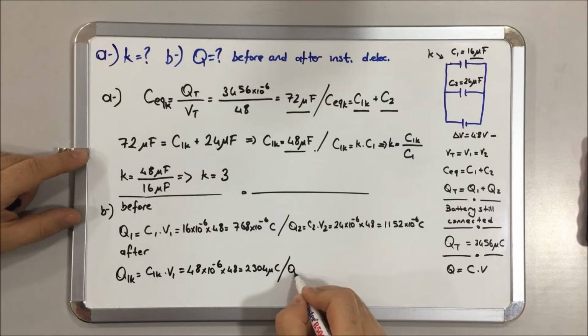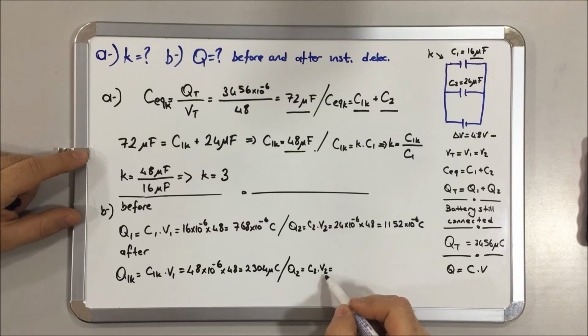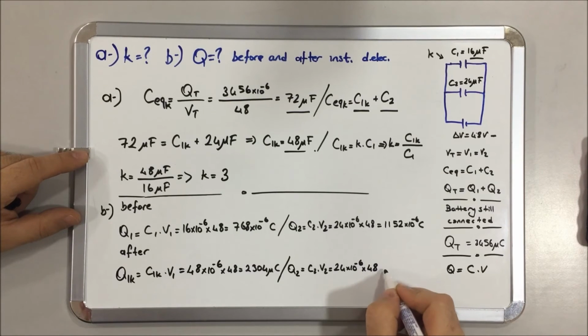So Q2 will be C2 times V2: second capacitance of the capacitor and second potential difference of the capacitor. C2 does not change because there is no dielectric inserted in it. 24 times 10 to the power of minus 6 times the potential difference, again 48.